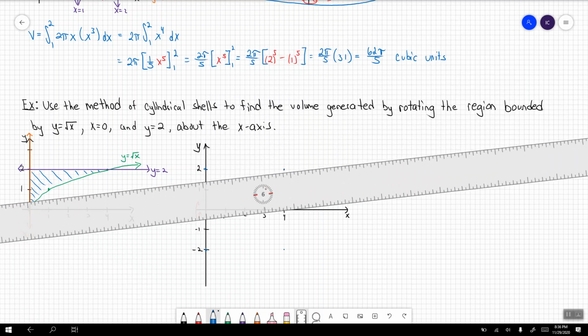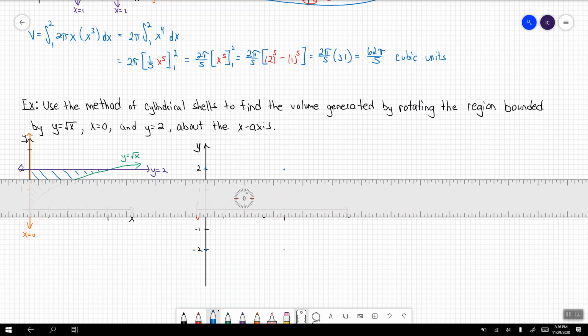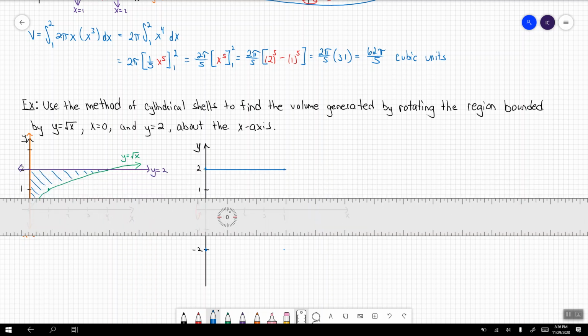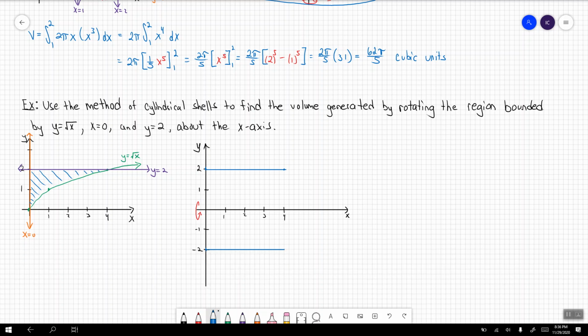This is going to be the outer part of that region. All right, we're going to make a rotation here.